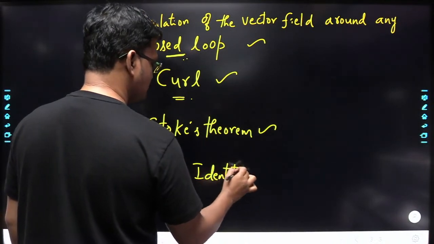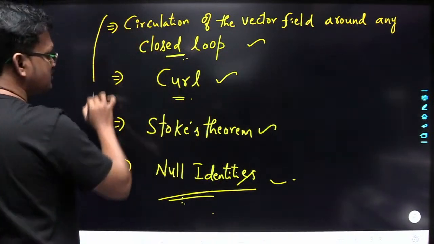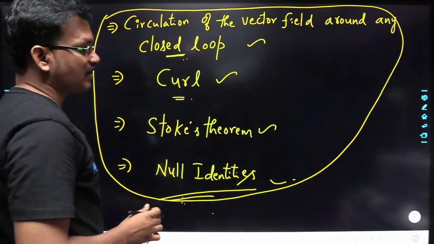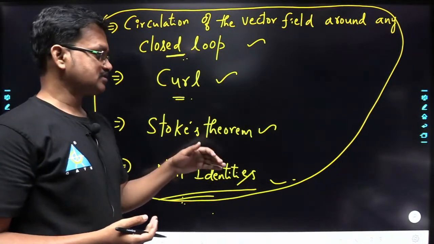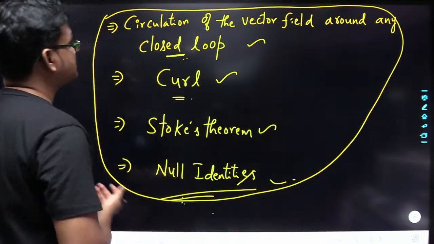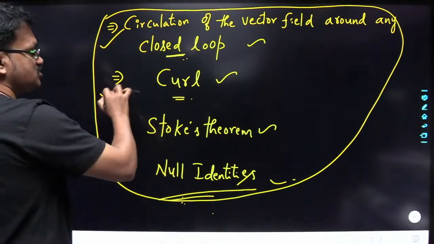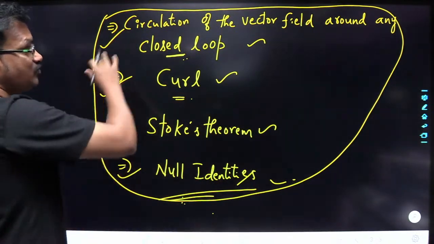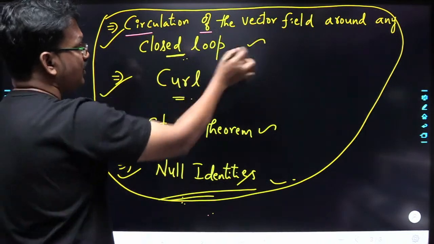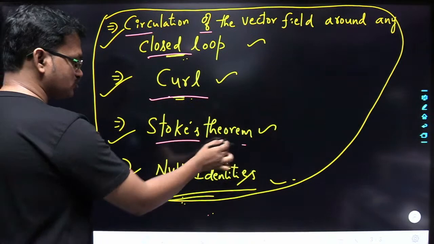So these are the topics that we have to cover here. Once we complete all these topics, then we will complete the basic mathematics part that is needed to understand this subject. So in the next session I am going to start circulation of the vector field around any closed loop, and we will cover curl, and also Stokes theorem here.